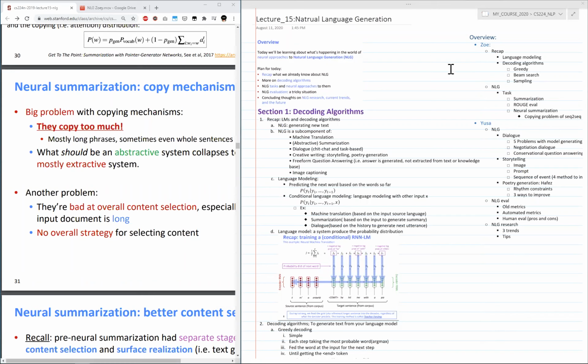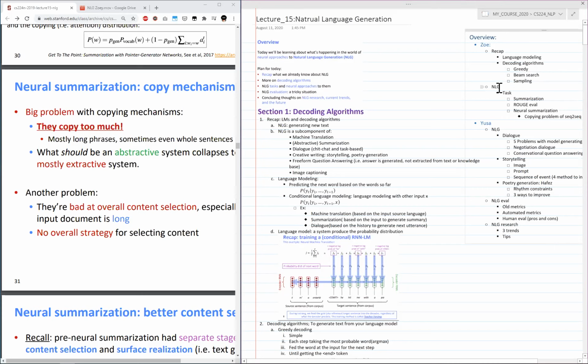So today I'm going to talk about natural language generation, and Zoe and I are going to follow this structure. Zoe is firstly going to give a little recap of what we've covered before: language modeling and the decoding algorithms, greedy search and beam search, and the new technique called sampling decoding algorithm.